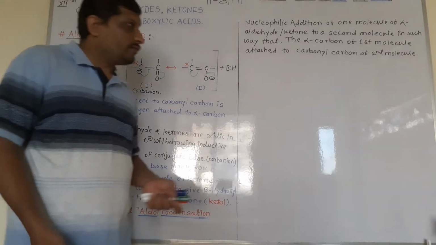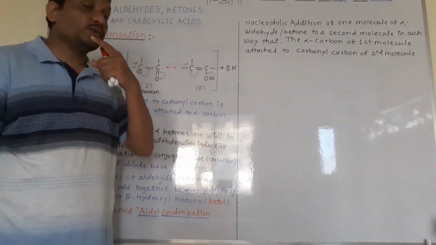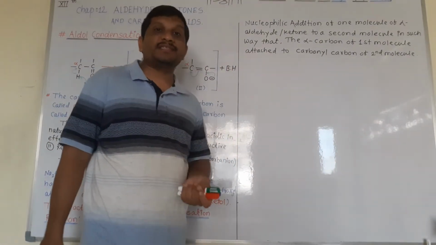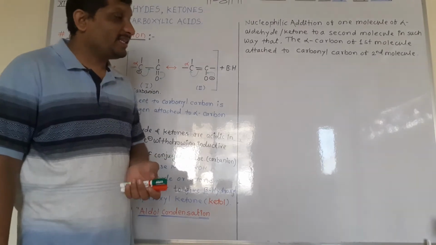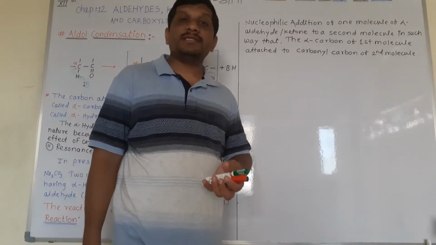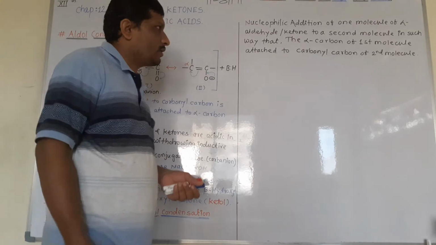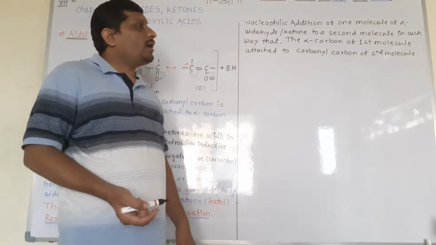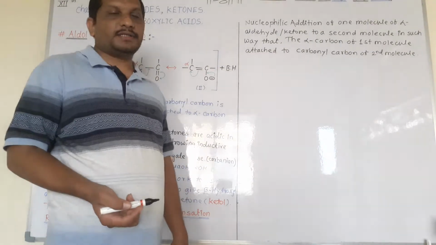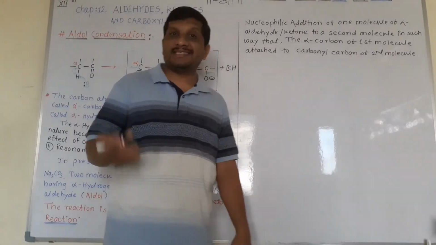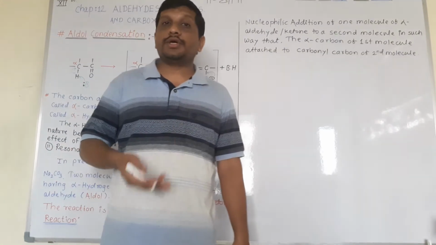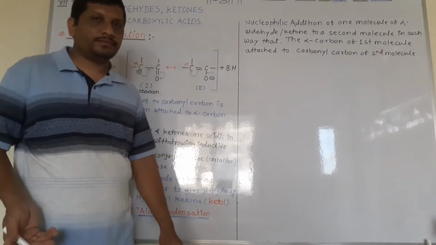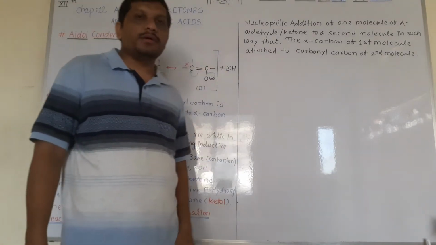In this way we see how the reaction of two aldehyde molecules takes place in the presence of base, and this reaction is reversible. Sometimes, if the aldol product undergoes reaction under acidic conditions, it also gives unsaturated compounds.